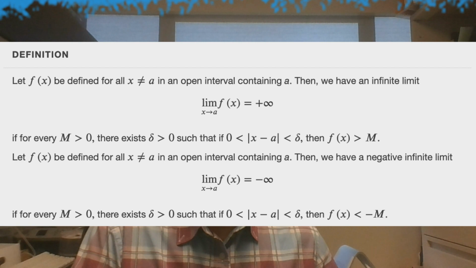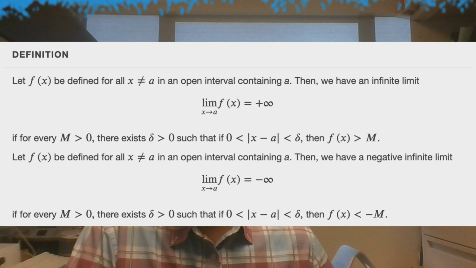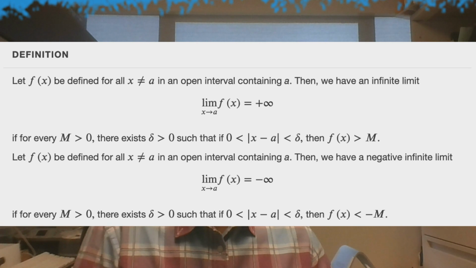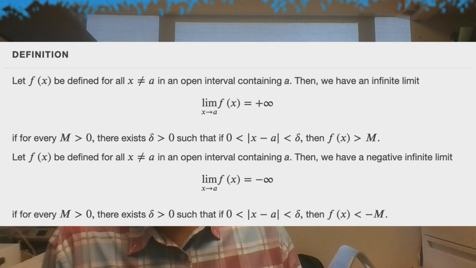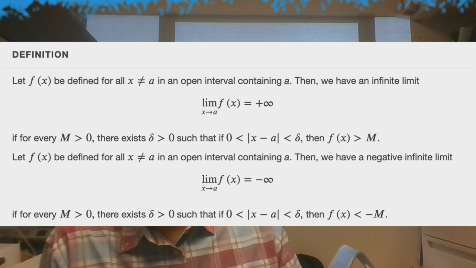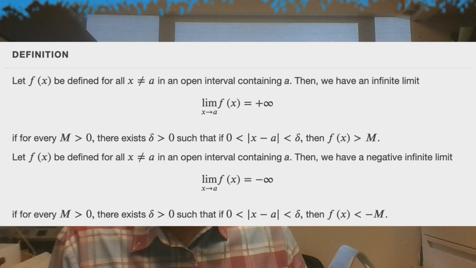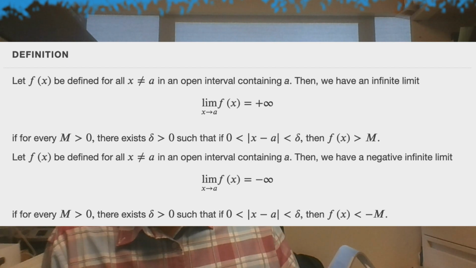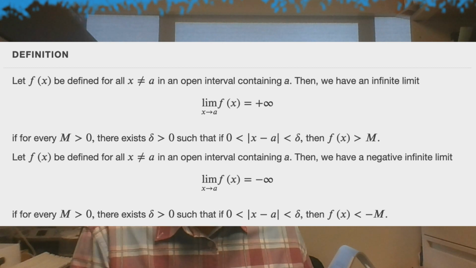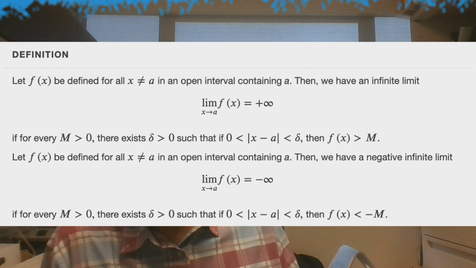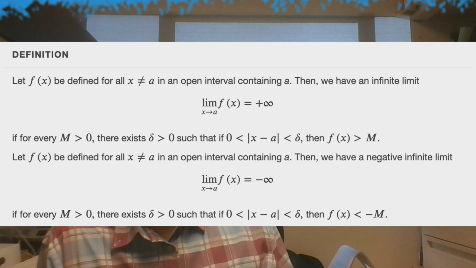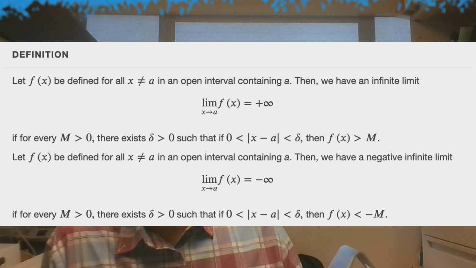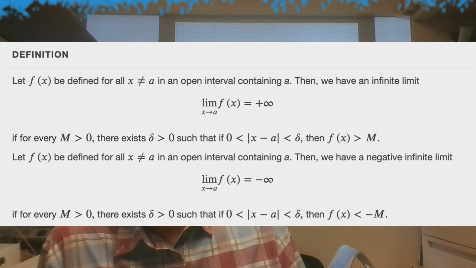Infinite limits are handled a little bit differently. You can say that the limit as x approaches a of f of x is equal to positive infinity if, for every M bigger than 0, there exists a delta bigger than 0, so that if 0 is less than the absolute value of x minus a, which is less than delta, then your function is bigger than this M. Likewise, if it's going to negative infinity, it's going to be less than negative M. Again, these ideas are based on epsilons and deltas.